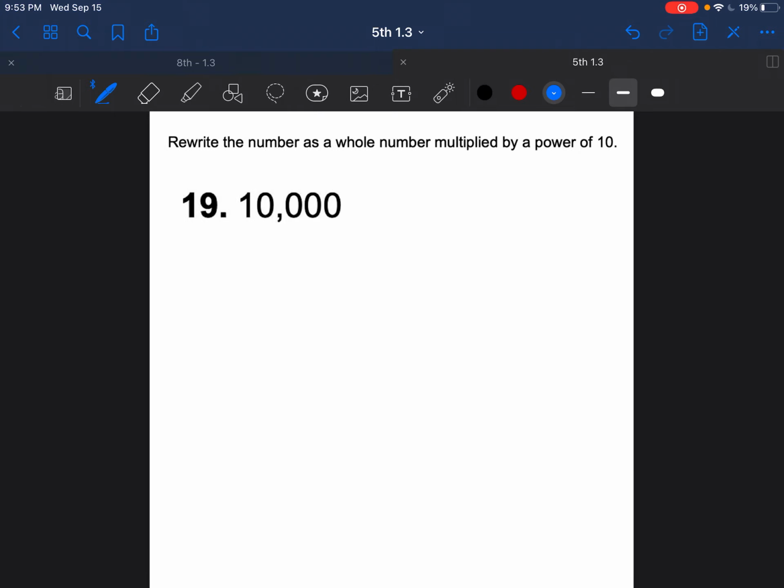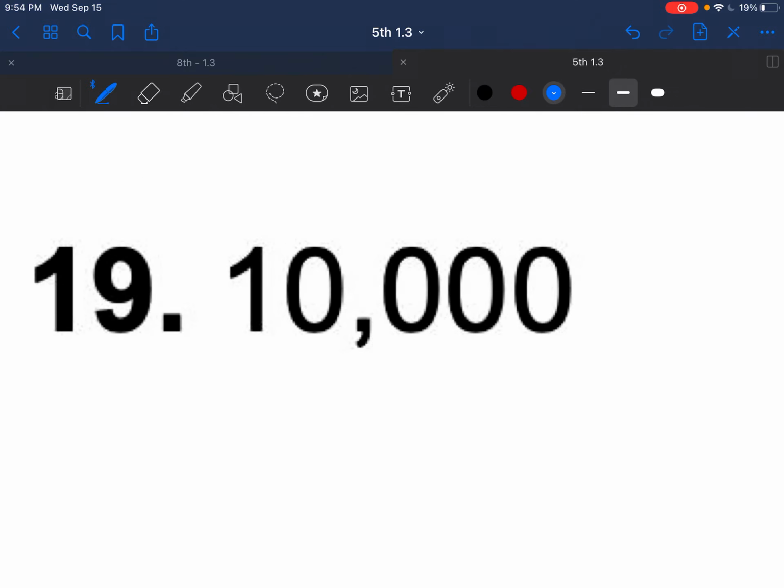Ooh, check this out. It says rewrite the number as a whole number multiplied by the power of 10. So this one's really cool because all we got to do is move our decimal. Ladies and gentlemen, we have two choices for our decimal. We have it over here in front.